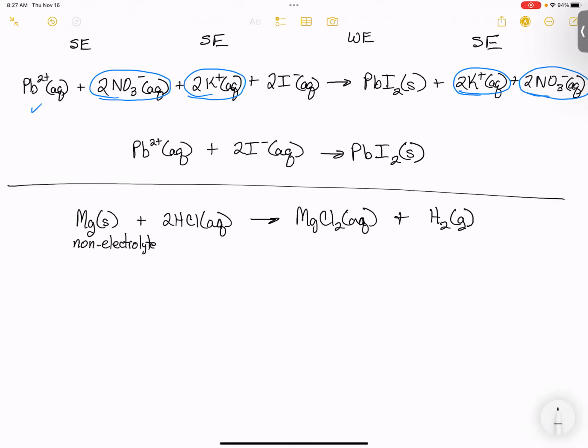HCl is a strong acid, and strong acids are strong electrolytes. Magnesium chloride is a soluble ionic compound.